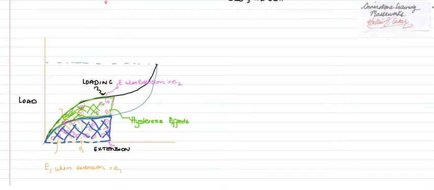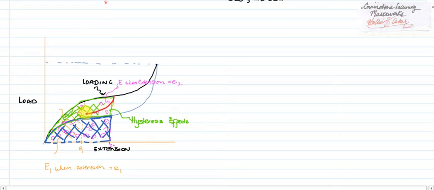What I might get will be a pattern that looks like this. When I unload, the actual energy I'll have access to will be this energy here, bounded by that red. And that's the actual energy that will be converted into kinetic energy of the bullet.